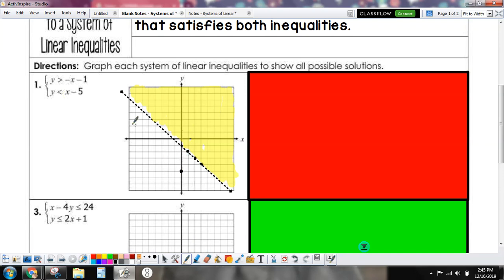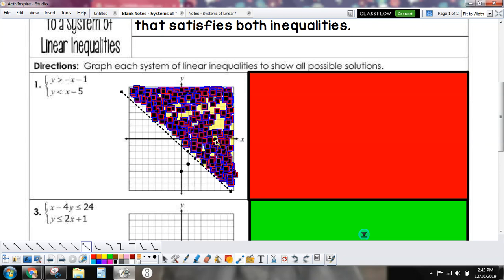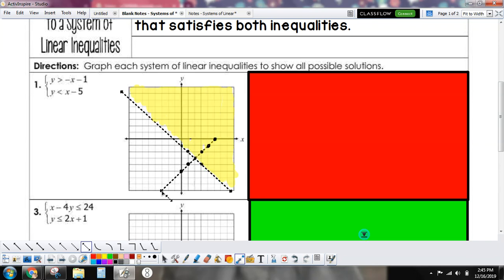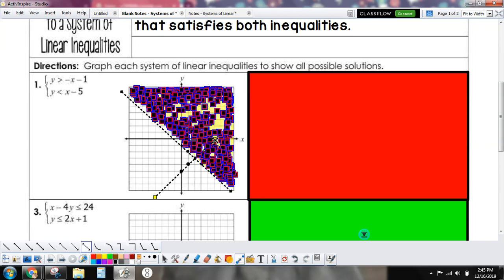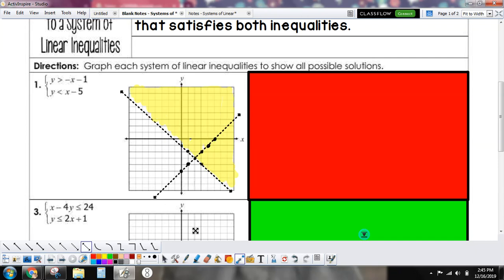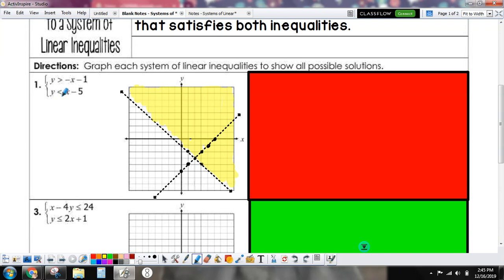And then my slope is 1, so up 1 over 1, up 1 over 1, etc. This is not underlined, it's a less than, so it's a dotted line again. And then I'm going to shade below because it's a less than.